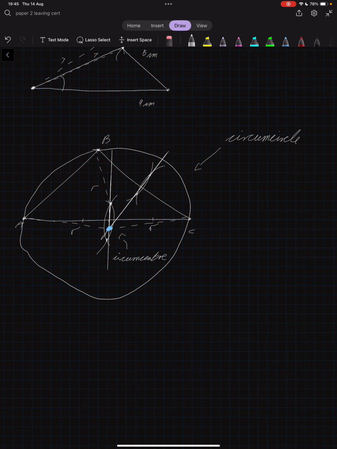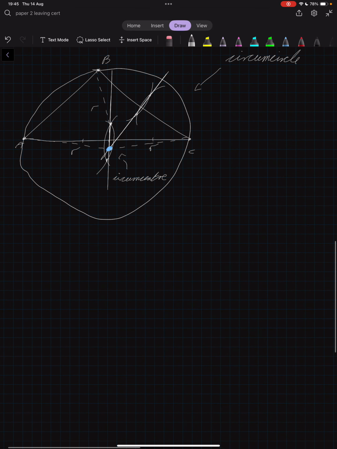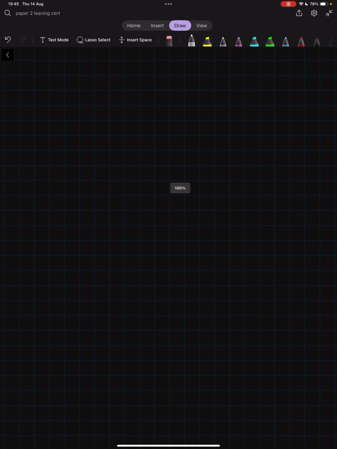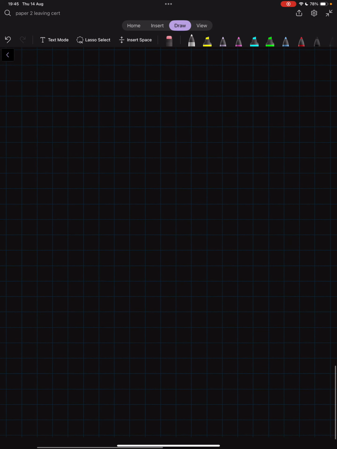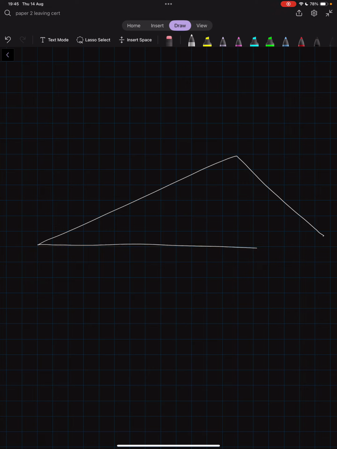So the incenter is basically a circle that is kind of the biggest circle that can go inside the triangle. So now if we go back to normal size, and I have this maybe. Like this, so again, A, B, and C. Now here, what they want you to do, they want to do the bisector of the angles, okay?